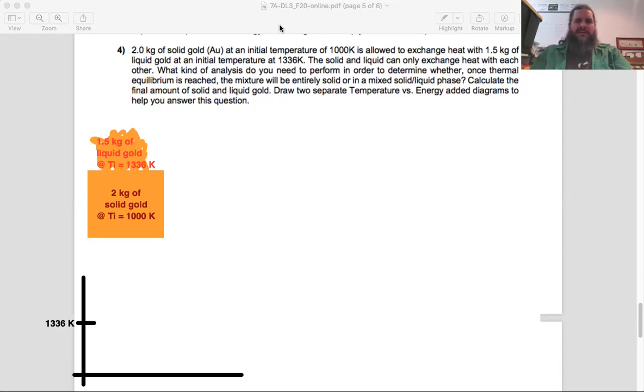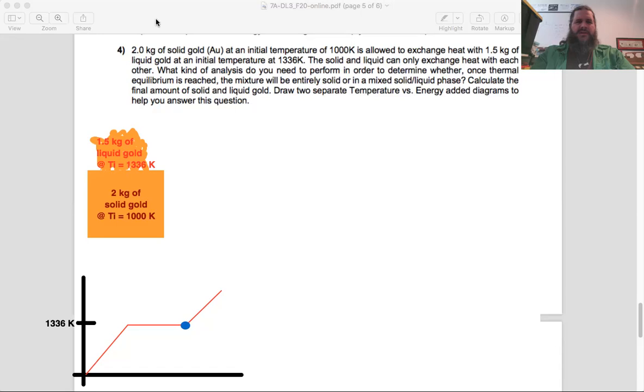So our energy interaction diagram is going to look something like this. And strictly speaking, we should be drawing a separate one of these for each object. But the liquid gold starts off all liquid, but just barely liquid. It's at 1336 in the liquid phase.